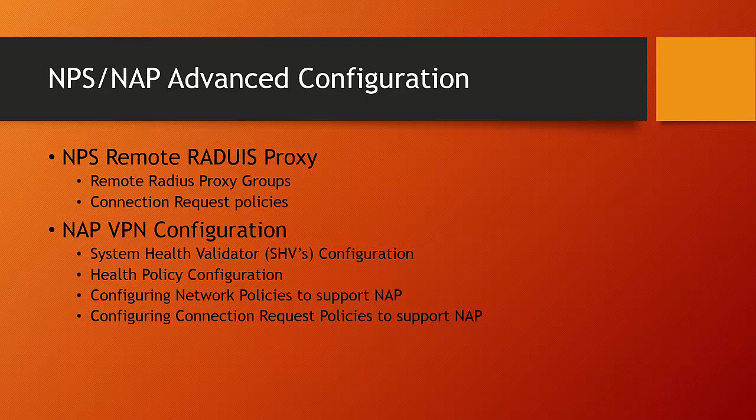A machine could be authorized, a user can be authenticated and authorized, but does the machine have an antivirus application installed? Does the machine have its firewall turned on? Well, with NAP we can perform checks like that and more and make decisions based on the results of those checks. So if the firewall is turned on, then that machine is considered healthy.